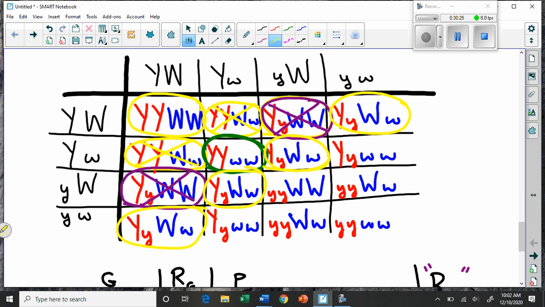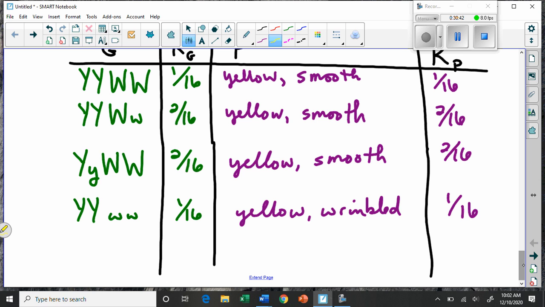So you can't really memorize the pattern because you might write your gametes in different orders on the sides, and so you basically have to just hunt for them. I don't see any others, so there are 4 of those. Heterozygous for both traits. So we write Y, little y, big W, little w, 4 out of 16.